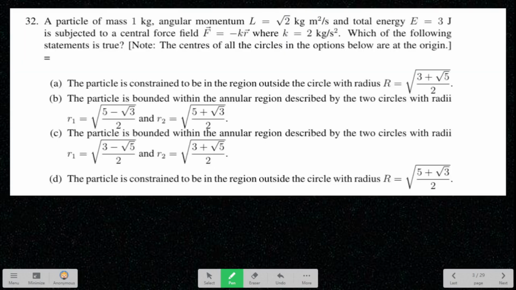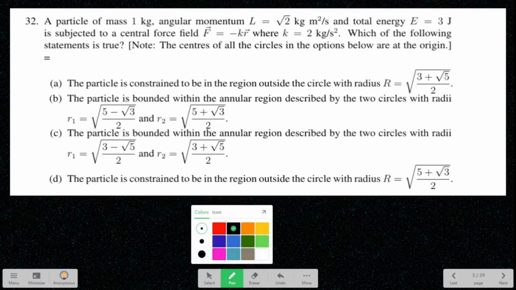In our problem we are given E is equal to 3 joule, L is equal to root 2 kilogram meter square per second, K is equal to 2 kilogram per second square, mass is 1 kilogram, and the central force is F is equal to minus KR.